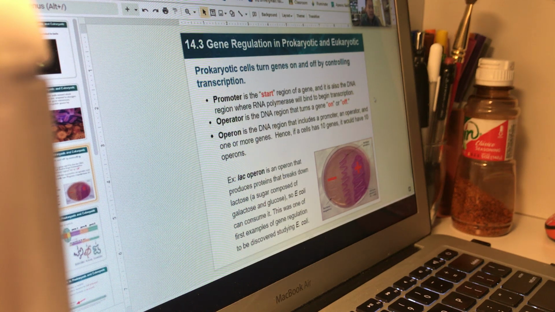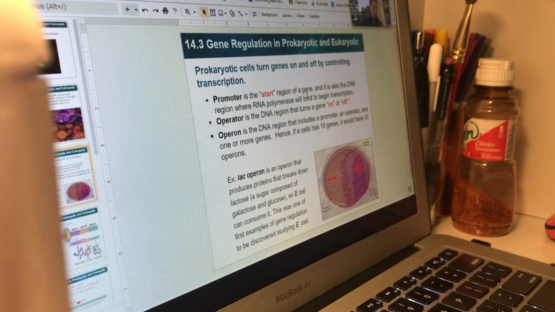Now, all the DNA that a cell has does not mean that everything represents a gene. Certain parts of the DNA of the bacteria or you and I, they're junk DNA. Junk DNA means DNA that doesn't represent anything. Then there are regions where they represent genes, okay?